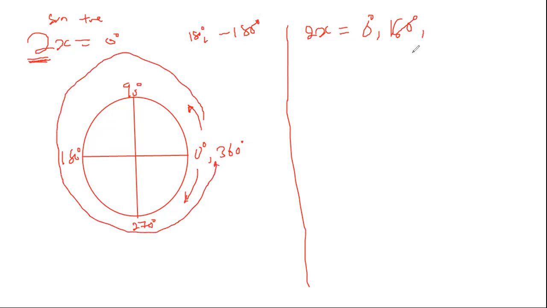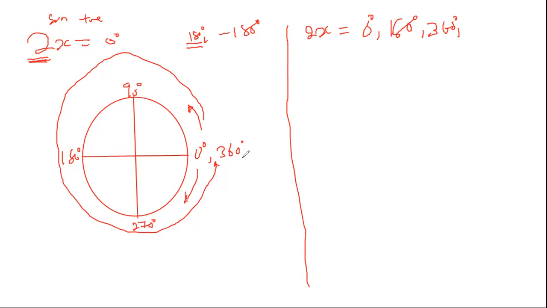So our other angle is going to be 360. Is that okay? Now, after dividing by 2, the 360 would give us the 180. So there is no need for us to continue.